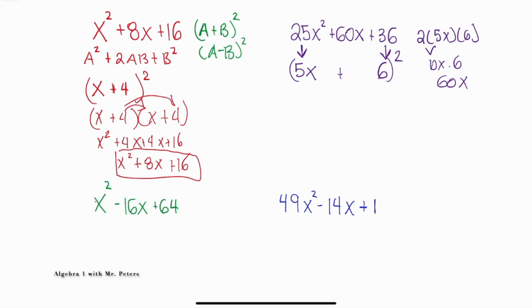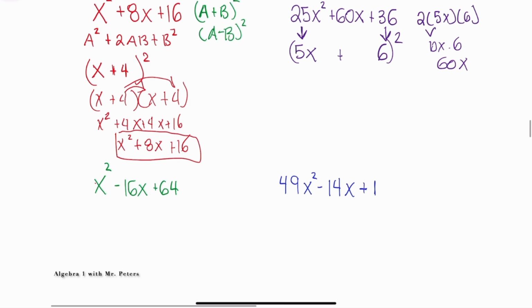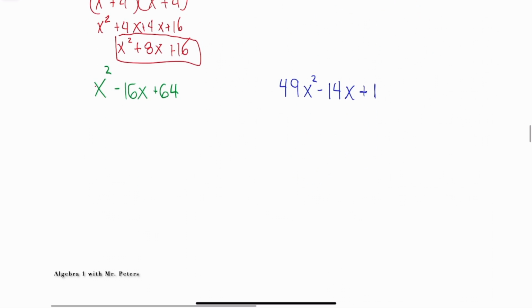Now, if it doesn't fit this format, it just means that it's not a perfect square trinomial. However, you could still factor. Now, when we go over to our bottom left expression, scroll up some, what we're going to notice is that this is a negative sign, but it's going to take the same format. So a squared minus 2ab plus b squared.